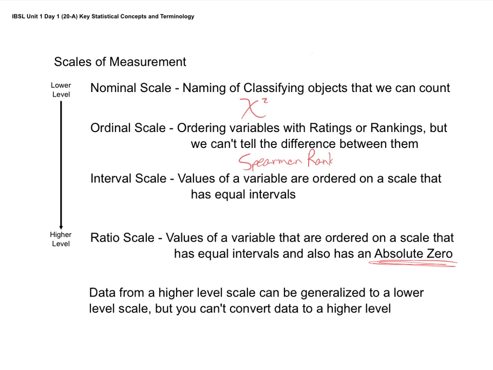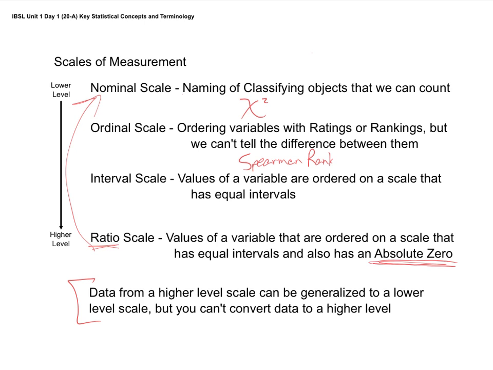Now, one rule that you have to take into account is right here. If you have data that is ratio, it's a higher level. You can generalize that to a lower level. Like if we wanted to take a ratio value and categorize it and make that into nominal data, we could do that. Like a GPA.